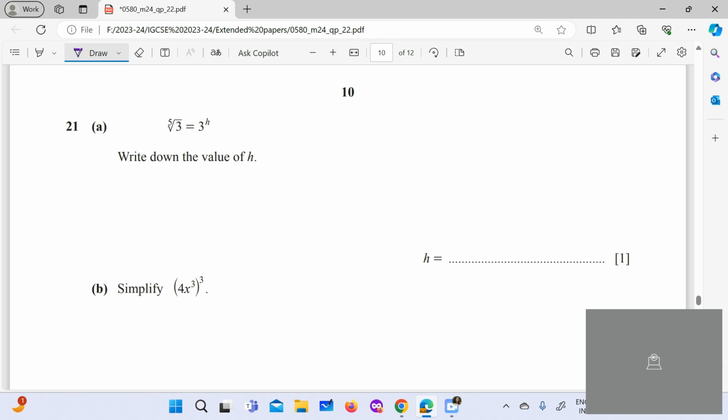Now write down the value of h, and these are indices. Okay, very good. So here you have fifth root of 3 is equal to 3 to the power of h, and you know the rule, nth root of a is nothing but a to the power of 1 over n.